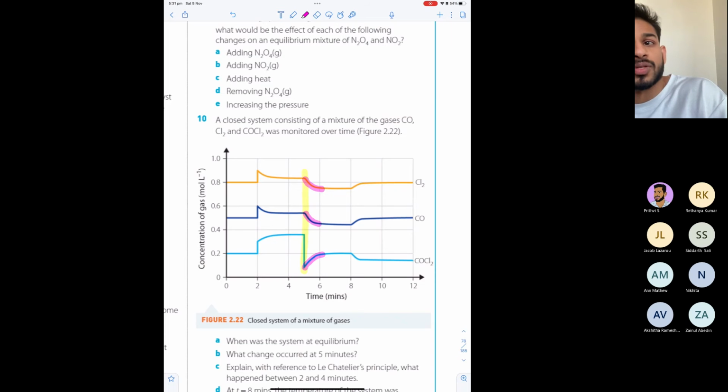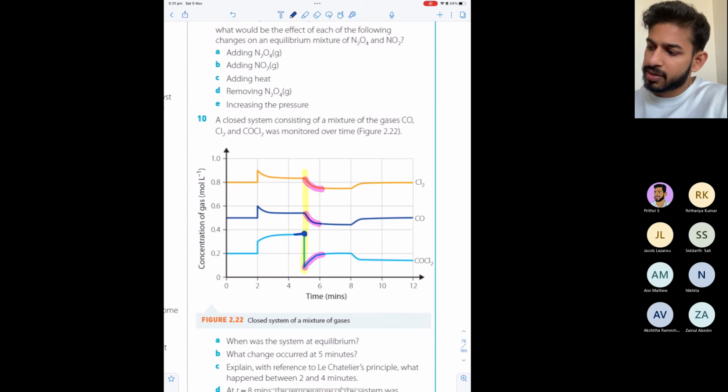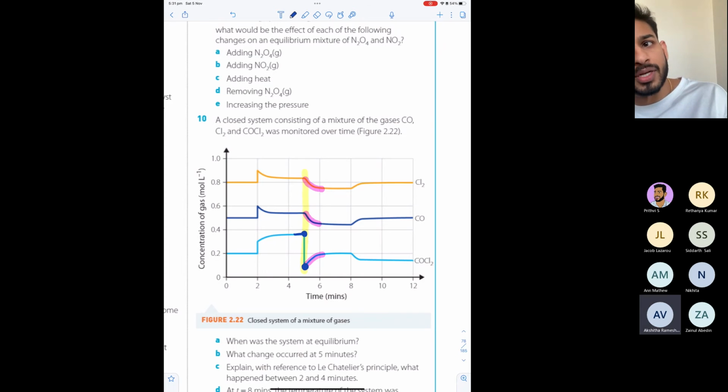Concentration. Good. What's happened? What's being increased or removed? An increase in concentration. Think about this, right? It started there, and it's now ended there. Is that going up or down? Exactly. So it's a decrease in concentration, in our case of COCl2.